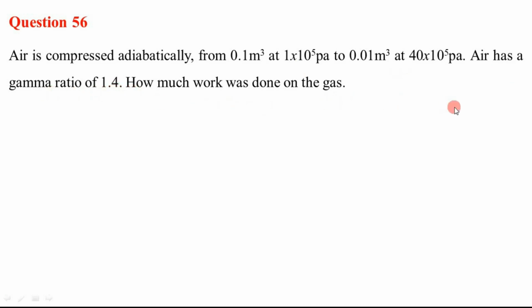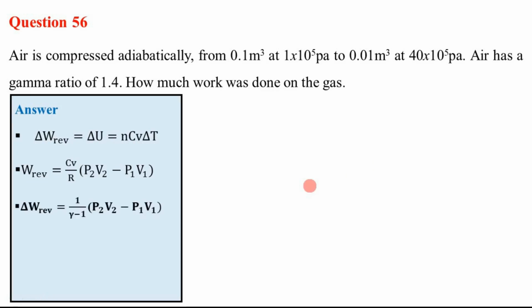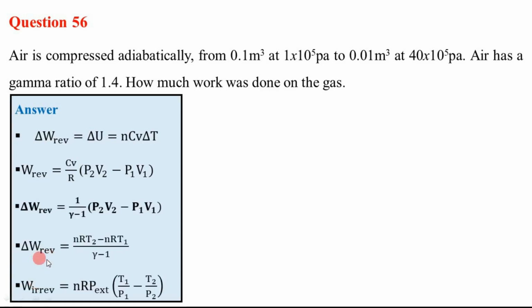Again, here we don't have an external pressure which is constant. We use the work done for a reversible process, and because we have the gamma ratio, you can use this formula. We have the gamma ratio, and we have the pressures and volumes, P2, V2, and P1, V1. Here we are using this formula to calculate the work done, which is reversible.